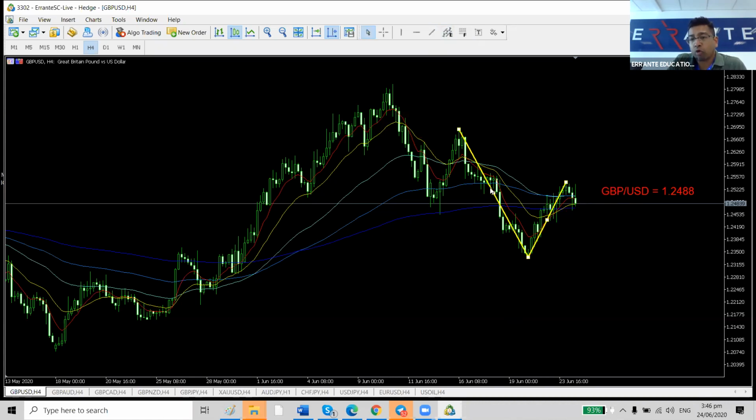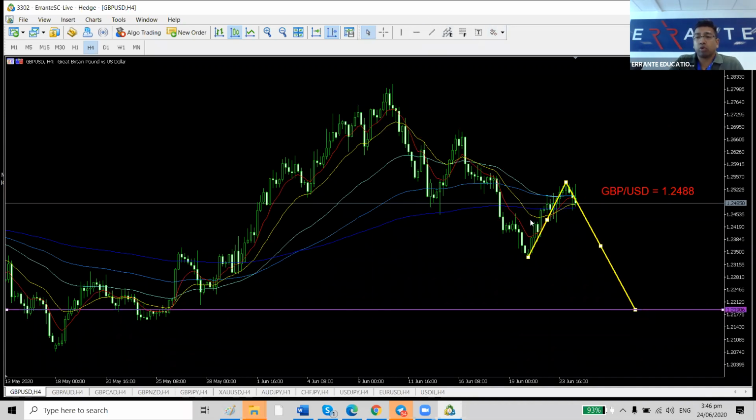Now I would like to forecast where it could go lower, till which level, and where your target profit, your take profit area, would be. Let's say we are using the pattern technique to predict where GBP USD could potentially fall.